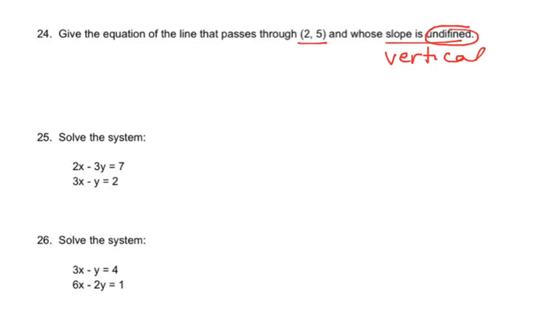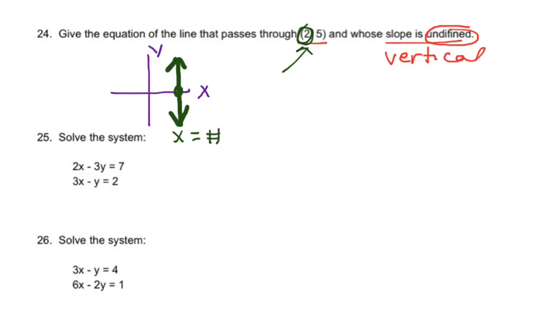If you think about your x and y axis, vertical lines all have the same equation. Vertical lines are all x equals some number, whatever x value it goes through. In this case, it has to go through 2, 5. Okay? That means all the x values have to be 2 because it's vertical.